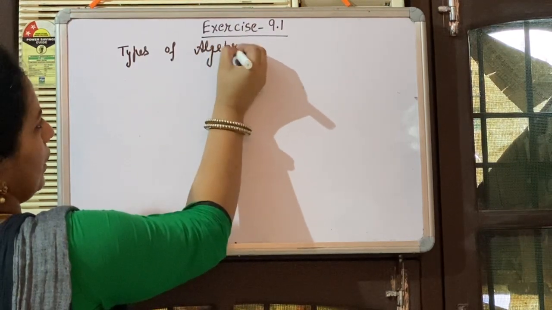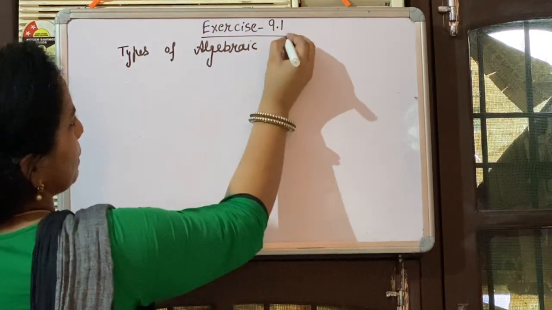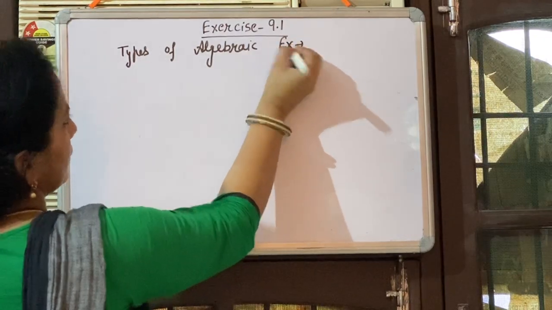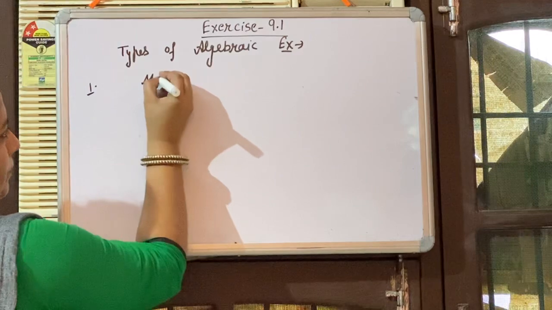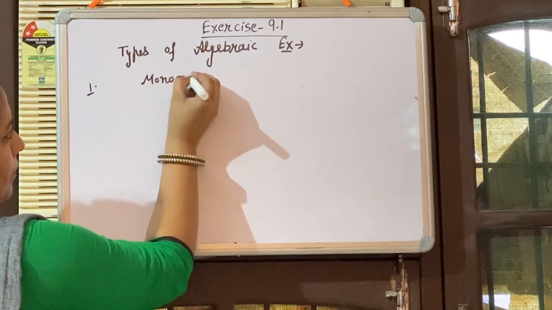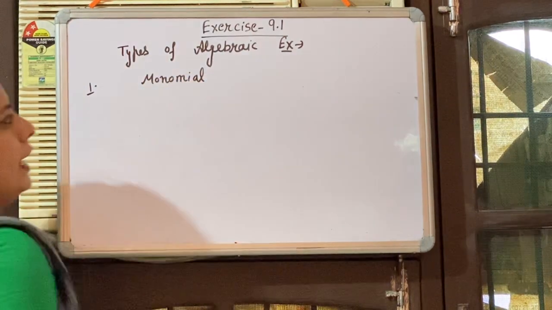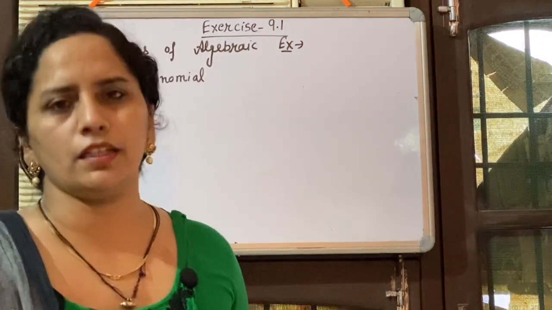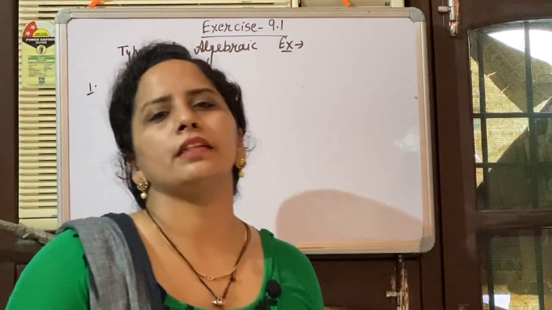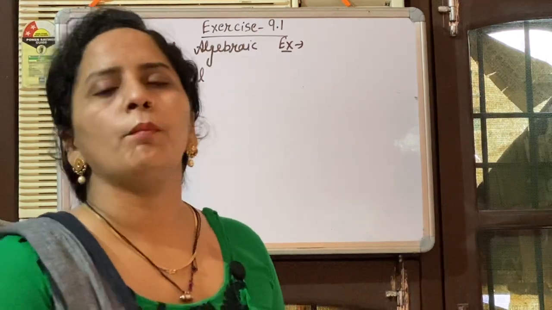First is monomial. An algebraic expression which contains just a single term is called monomial.